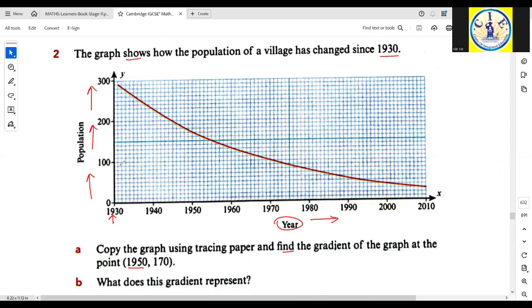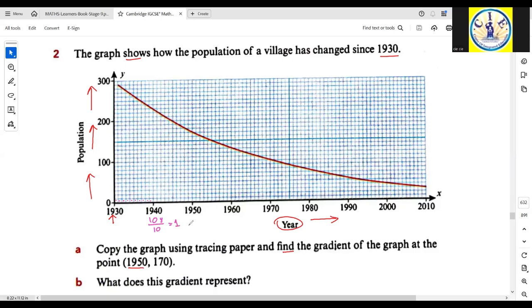For 170, first of all, we need to see how much is the length of each small box. You see 1, 2, 3, 4, 5, 6, 7, 8, 9, and 10. 10 boxes are there for 10 years. 10 years divided by 10 boxes.